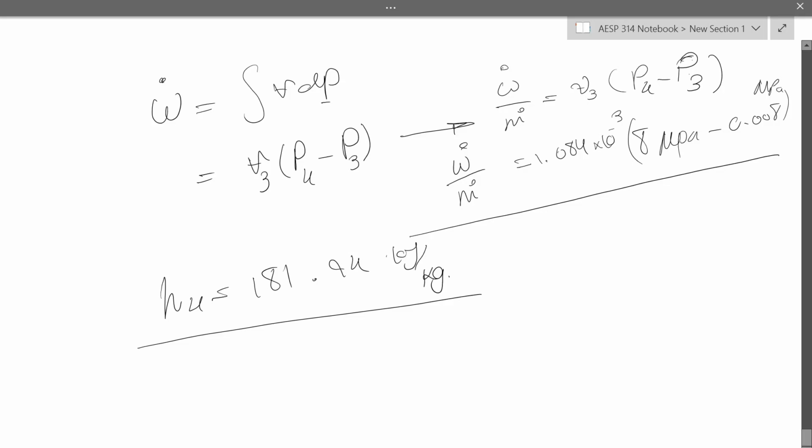Next, we are asked to find the thermal efficiency. How do we find the thermal efficiency of this cycle? So what was your name? Zach.